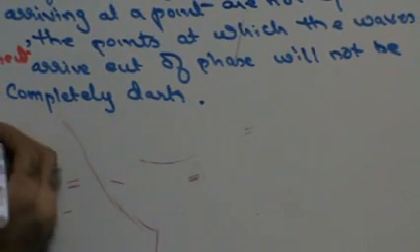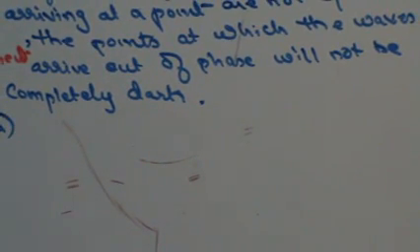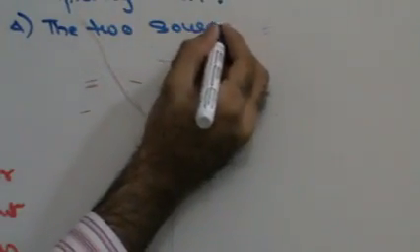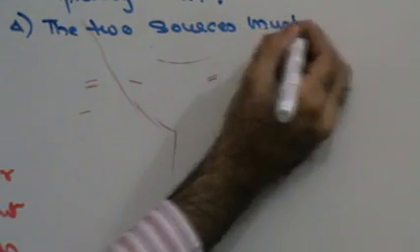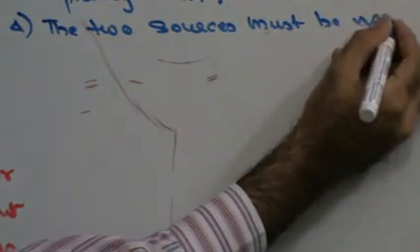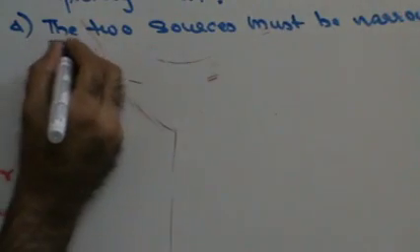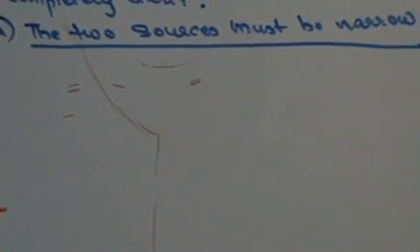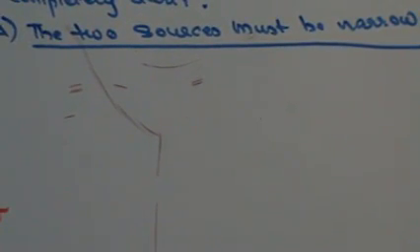Fourth condition: the two sources must be narrow. The two sources of light must be narrow. This condition is necessary to get a very sharp and clear interference.